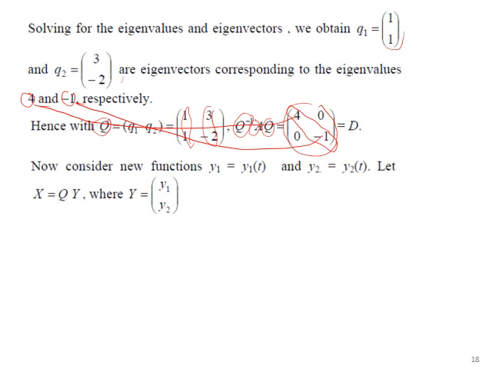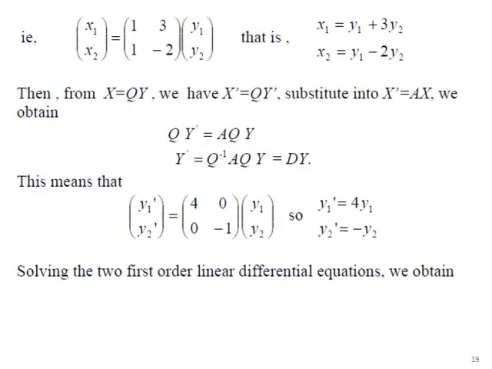Now let's consider y1 is y1 of t, and y2 is y2 of t. Then we defined in the previous slide X to be QY. Let's write it: X, which is x1, x2, equals this Q we just constructed times Y.